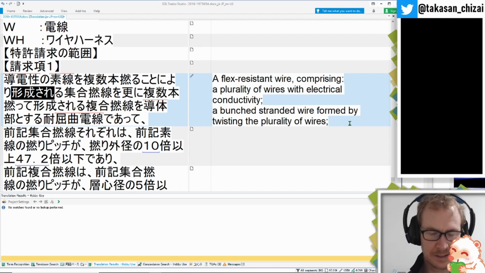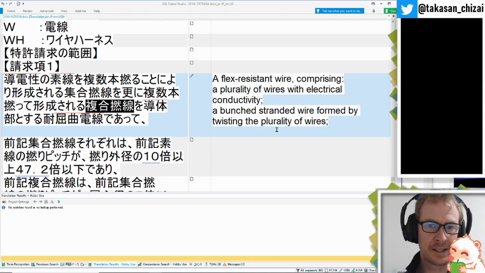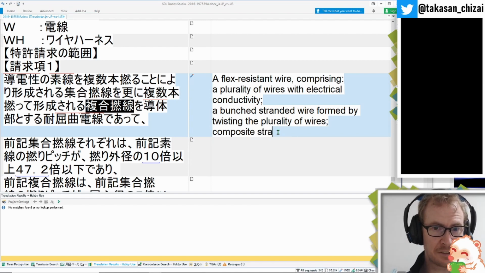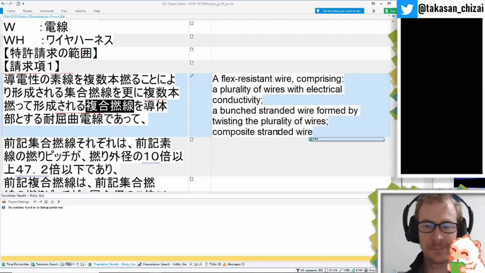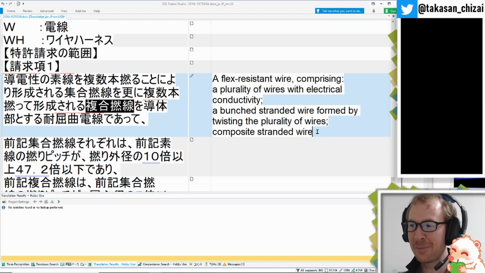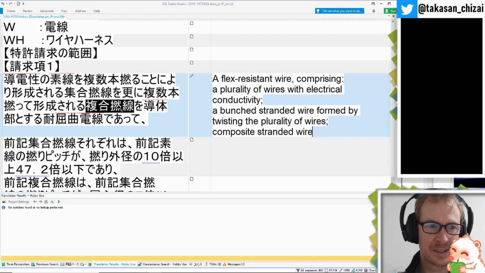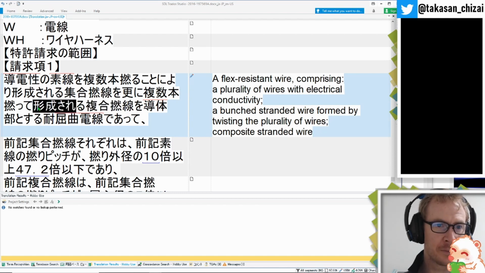And now we have our third element, the composite stranded wire. Let's stick with this name. The names might not be the best, but it'll work for today. Okay, so this wire is again formed by twisting.